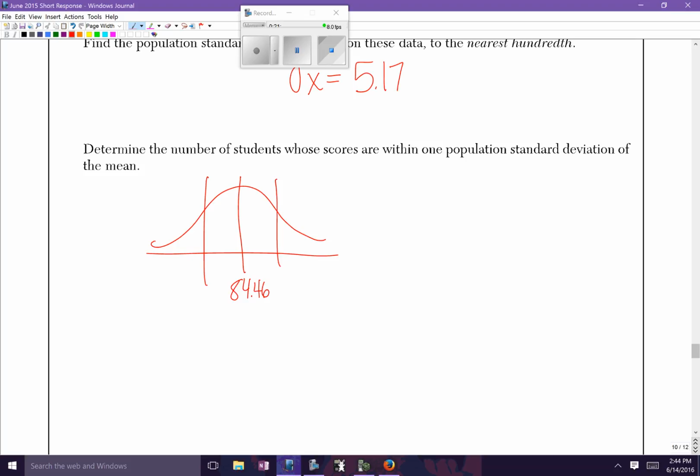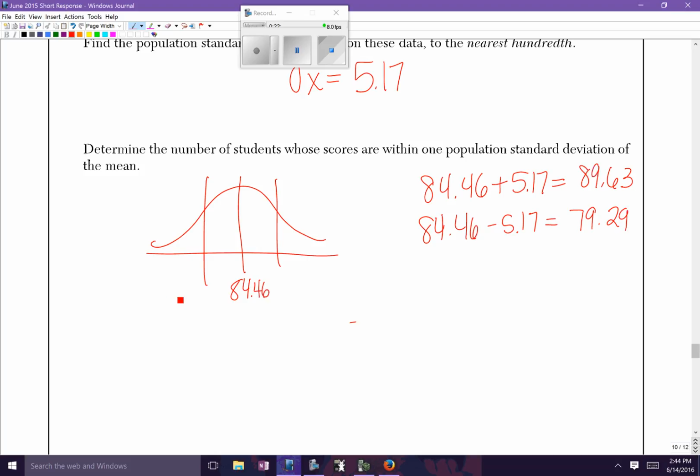So what I like to do is 84.46 plus the standard deviation value. That has a value of 89.63. And then I take the mean and subtract to get the one standard deviation below. And that is 79.29.